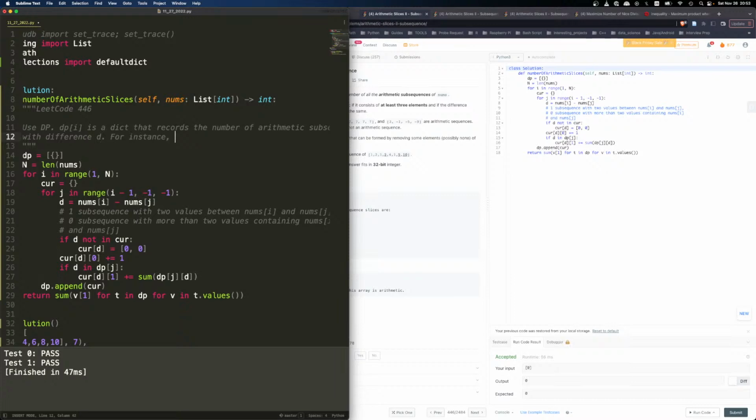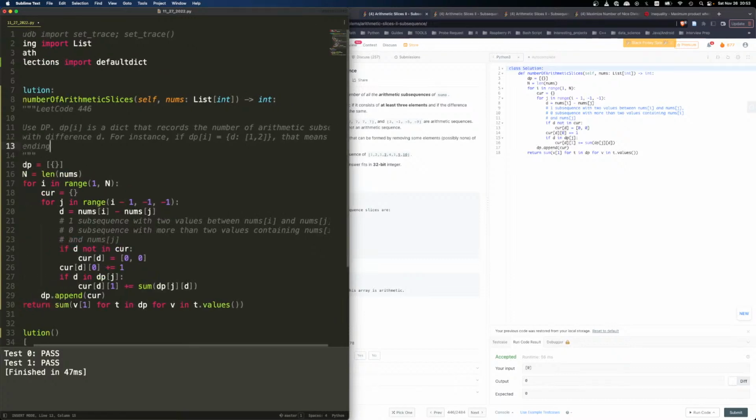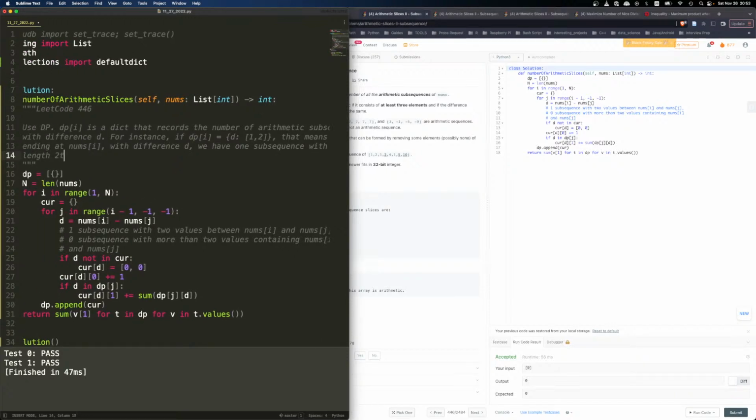For instance, if dpi is equal to d1, 2, that means ending at nums I with difference d, we have one subsequence with length 2 and 2 subsequences with length more than 2.